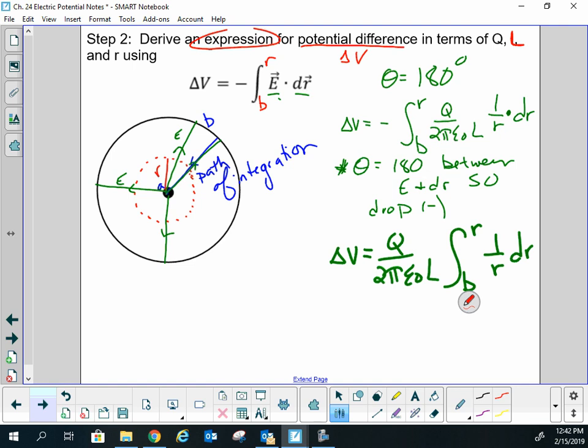So we started that already, and remember, our path of integration is shown in blue. It's going from the outside ring to that inner center, and we are going to want the expression for the potential at the point of R. So that's shown there in red, and that red is where that Gaussian surface was.